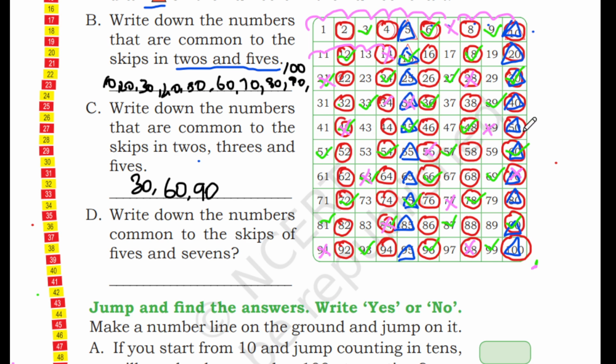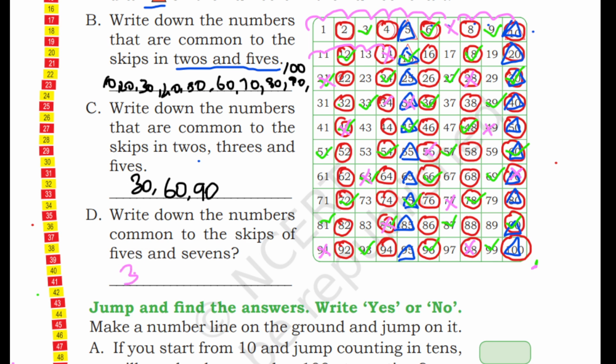And in the 40s, we do not have, 50s, no, 60s, no. 70s, no. So we found 35. So we write the number 35.